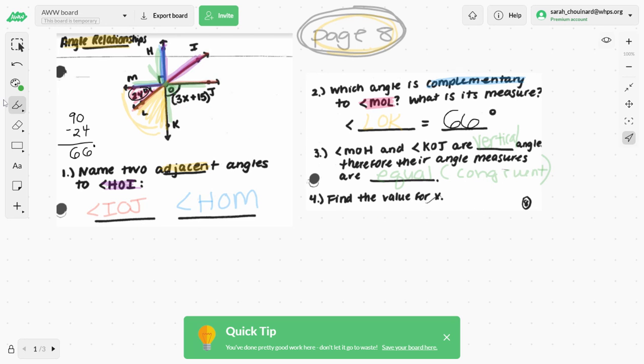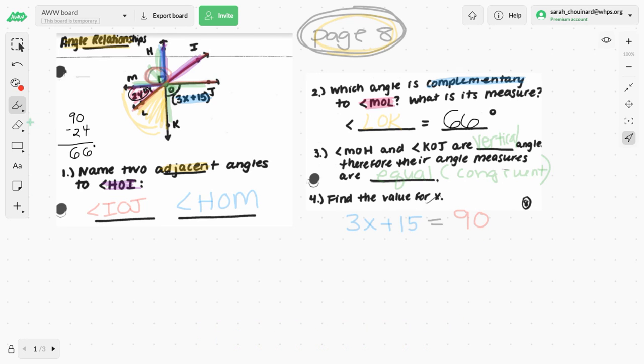So to find the value of x, we want to use this equation right here, 3x plus 15. So 3x plus 15 has to be equal to the opposing angle, which is 90 degrees. So that's the equation that we can set up and solve for x. So I like to draw my line down the middle, and I'm trying to isolate or get x by itself using inverse operations.